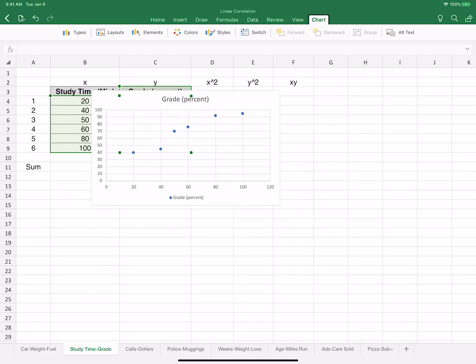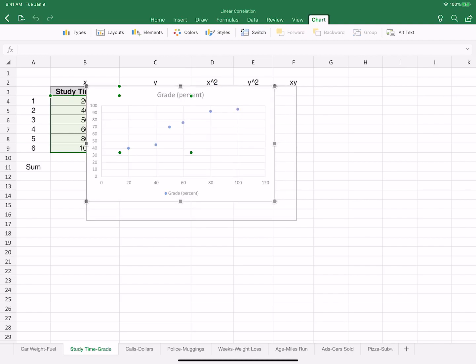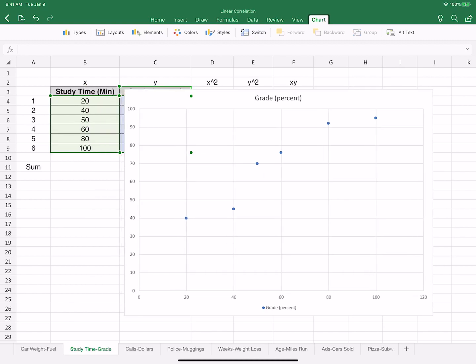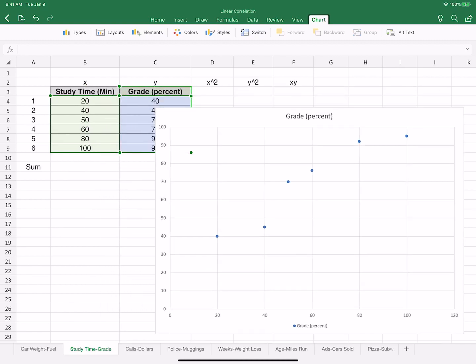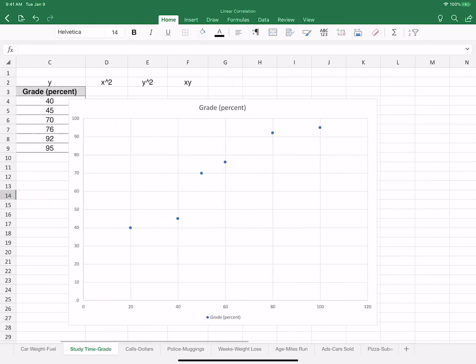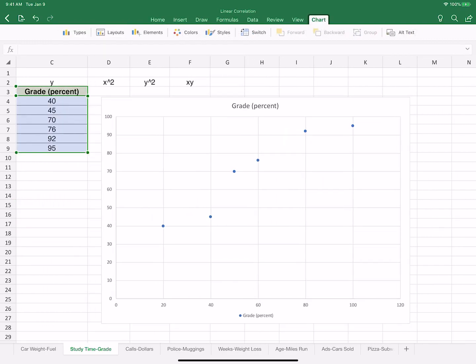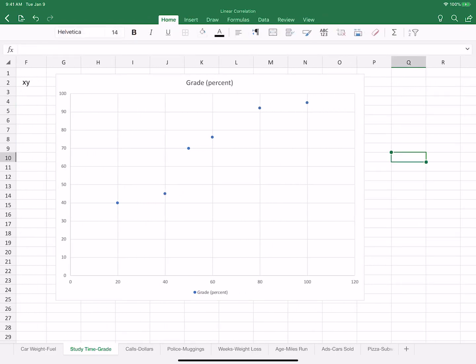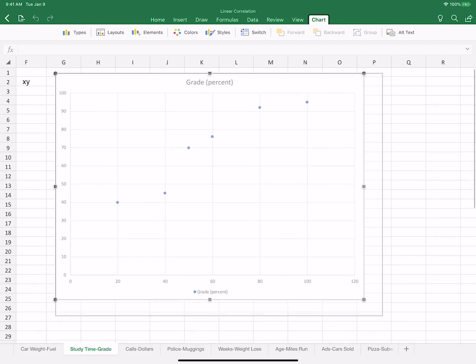Now, I'm going to put it over all this here first. So let me be careful here. There we go. It's a lot better. Let's put it over here. How's that? There we go. That's a lot better. Is that big enough for you guys to see?